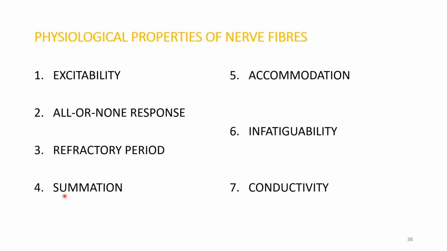So, that is summation. There may be spatial summation or temporal summation. Temporal means time. We are giving the stimuli repeatedly in one place only, successively. And the summation which is happening there is temporal summation.